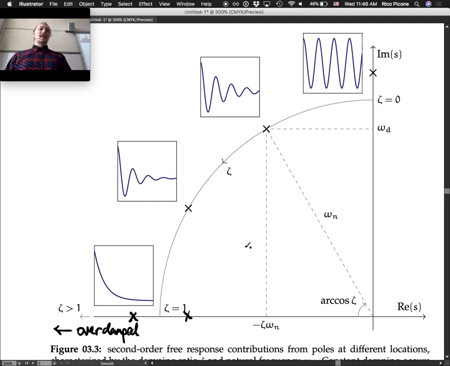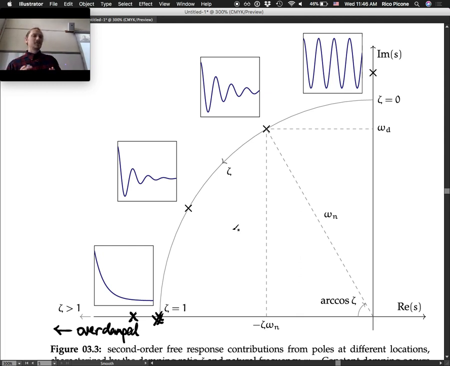So if you have real poles for a second-order system, it's an overdamped system. Remember we had this thing called critically damped, where zeta equaled 1. When zeta equals 1, we actually have a double root, which we typically draw with a double x in the same spot. Remember, that's the threshold between when a system is going to oscillate and when it's not.